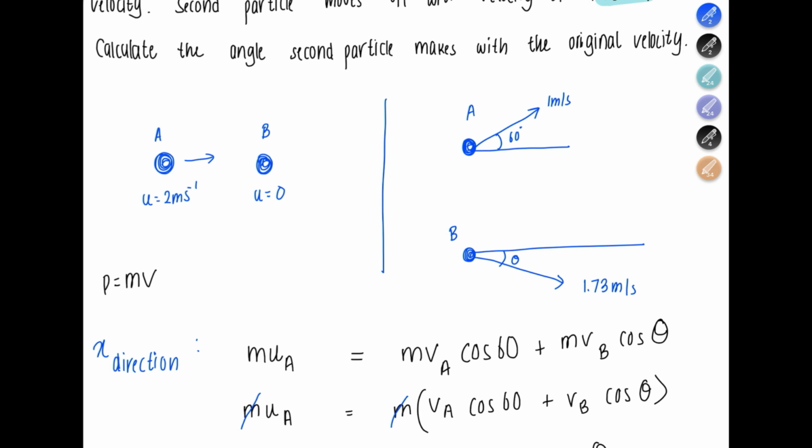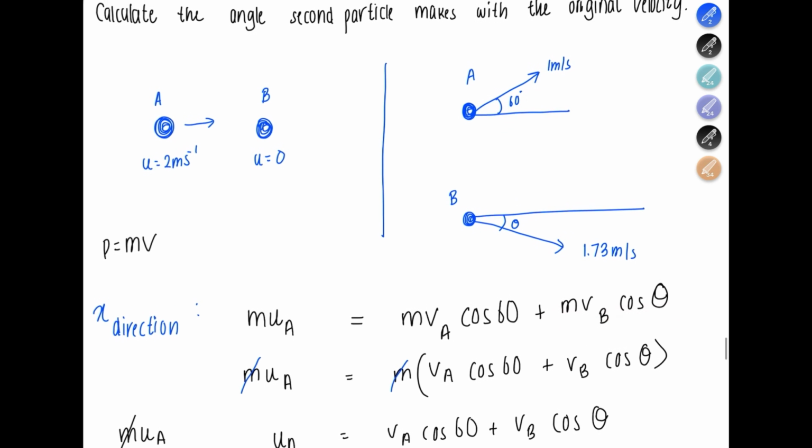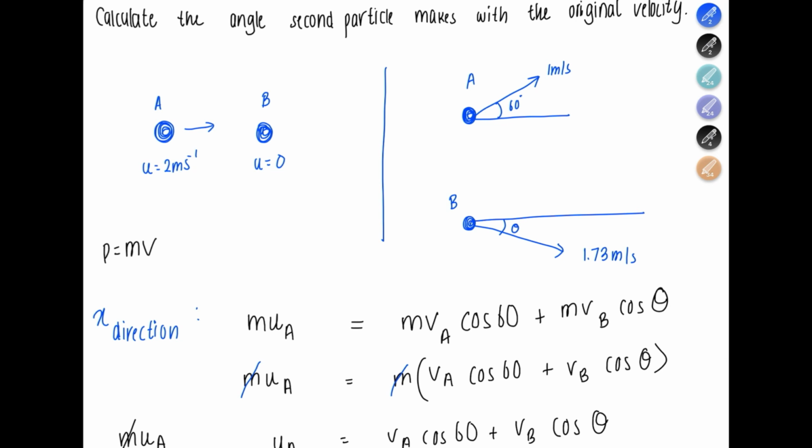So it's going to be mass multiplied by the velocity of A plus 0, because the momentum of B is 0. This equals mass multiplied by velocity of A cos 60, because you have to resolve it in the x direction like this, plus m vB cosine theta. Now we don't know the value of m, so we can't plug it in.